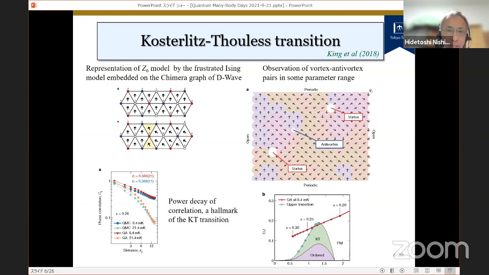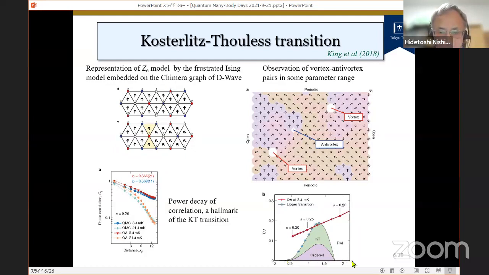So in this sense, the Kosterlitz-Thouless transition of the continuous spin system may be realized. So they tuned the parameters, the temperature and the quantum fluctuation, ingeniously such that the system can lie in the Kosterlitz-Thouless phase. This phase diagram has been obtained by classical simulations.